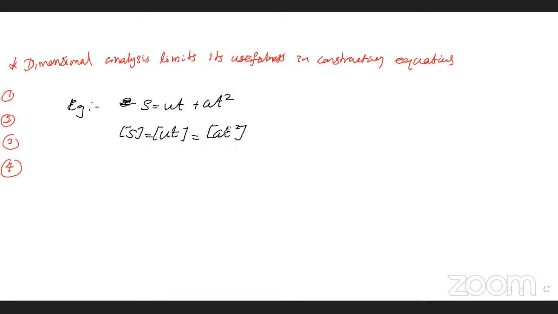You check. So I'm writing: the dimension of s is L. ut has a dimension of LT to the power minus 1 into T, which is also L. And the at square term also has a dimension L. So they are equal, and therefore this equation is dimensionally correct.